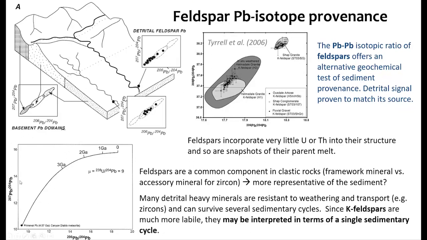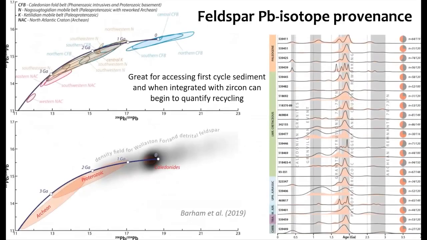So essentially we have the evolution curve of the lead isotopes. We can extract feldspars from different points along that. Feldspar shouldn't incorporate much uranium, but as Yana said, it can sometimes. And so it should hold on to that ability to fingerprint the lead isotope signature of the source. This is what we were doing with Greenland.